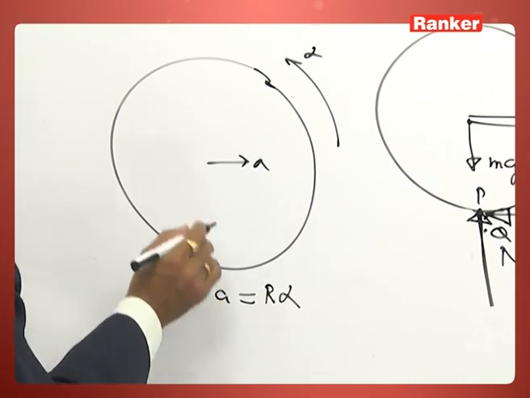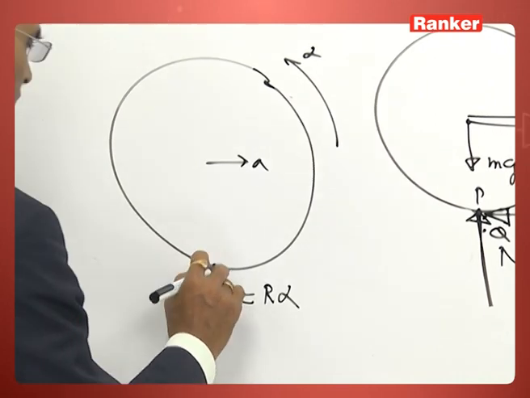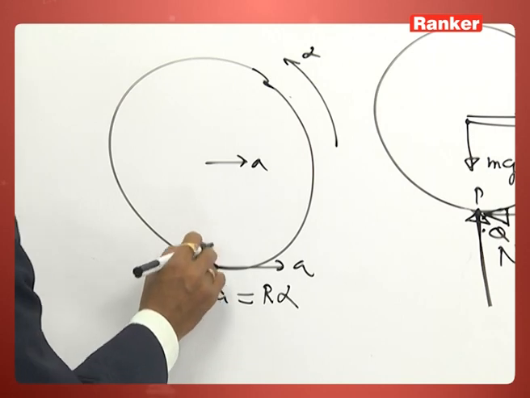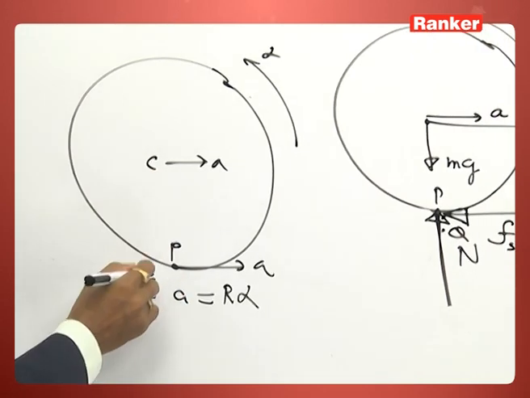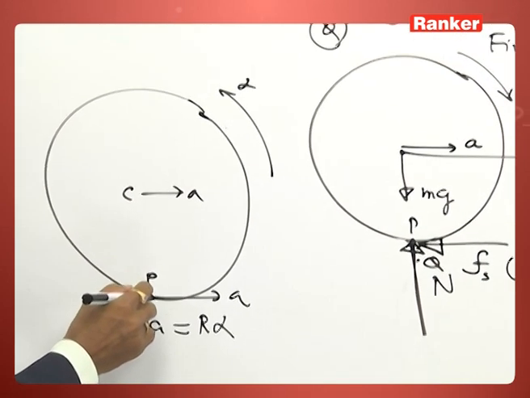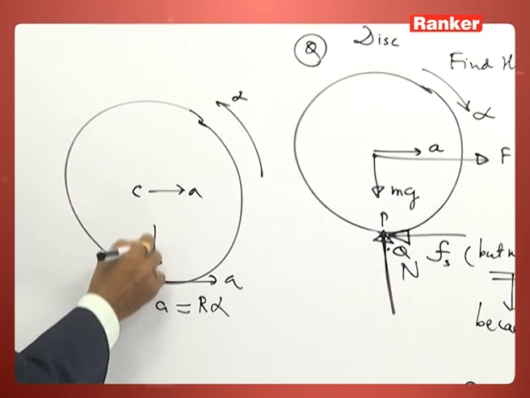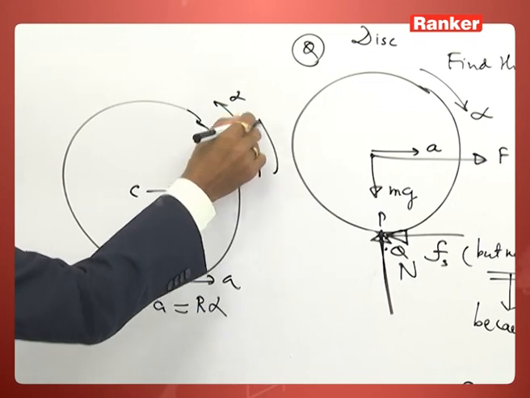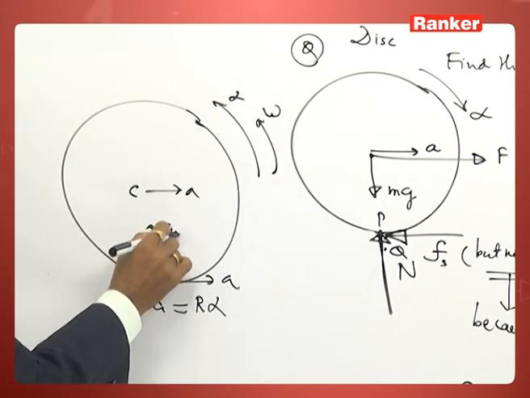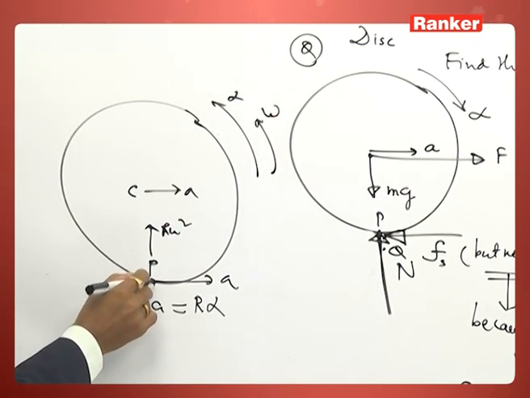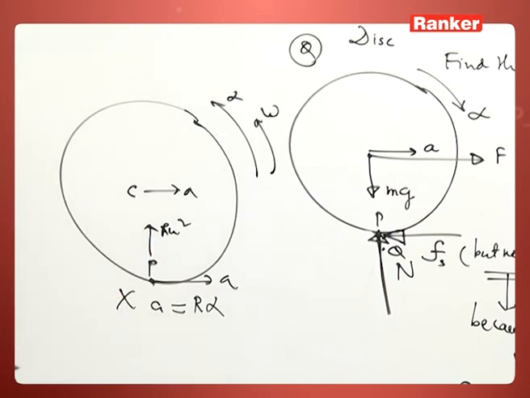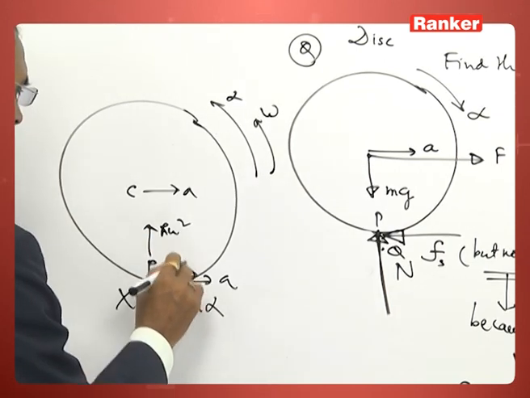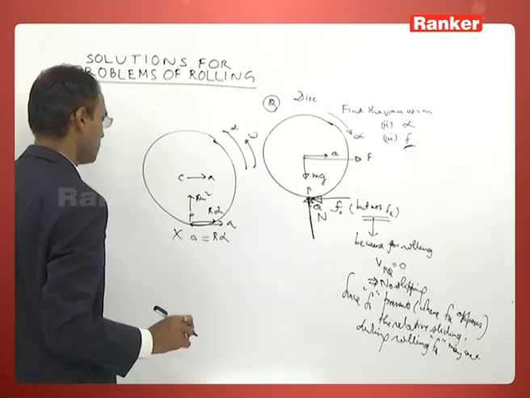because the acceleration of this point will be equal to the acceleration of the center of mass plus the acceleration of this point with respect to the center of mass, that is R omega square as the radial component and R alpha as the tangential component.